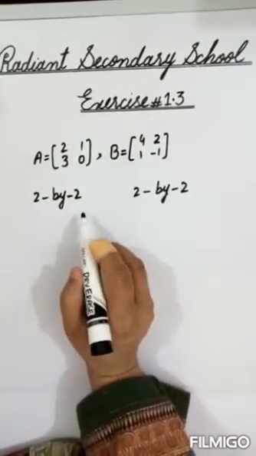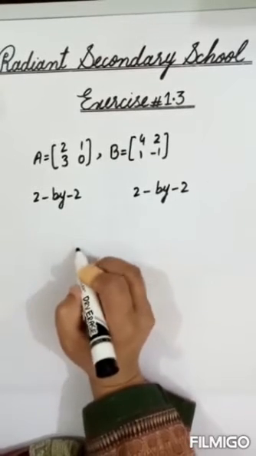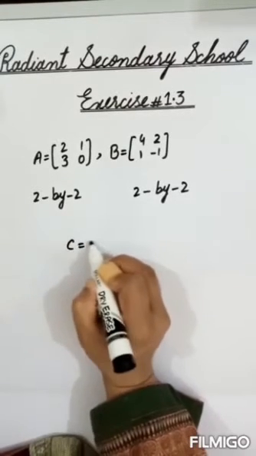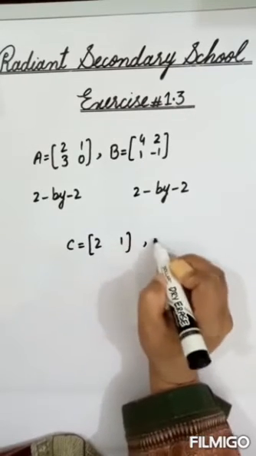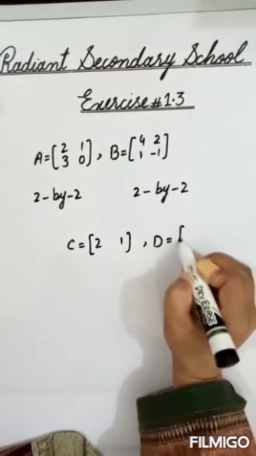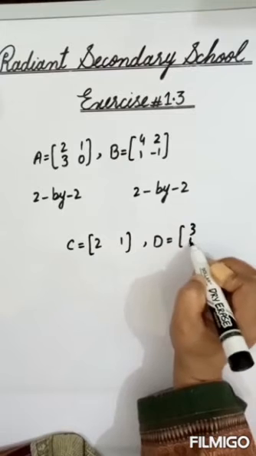Now we have one more example. For example, C is equal to 2, 1 and D is equal to 3, 4.